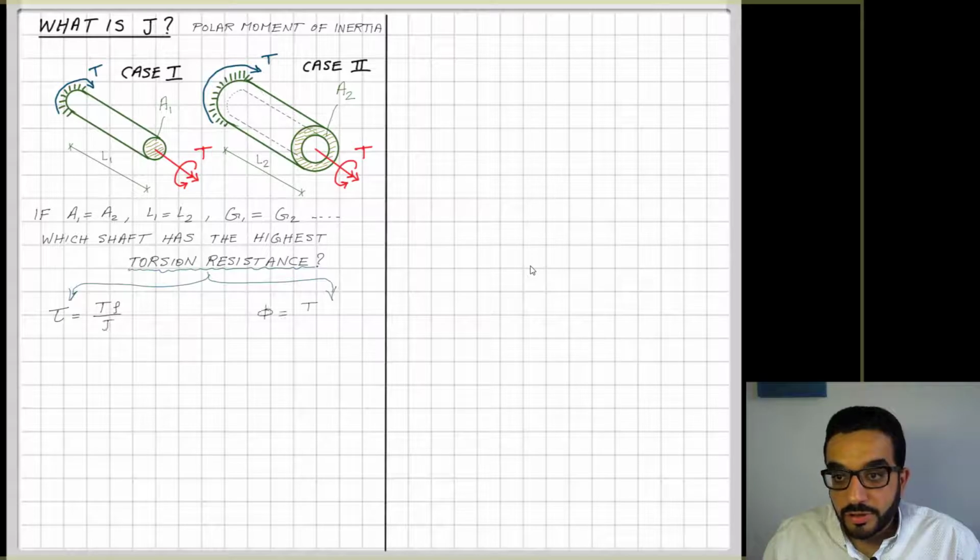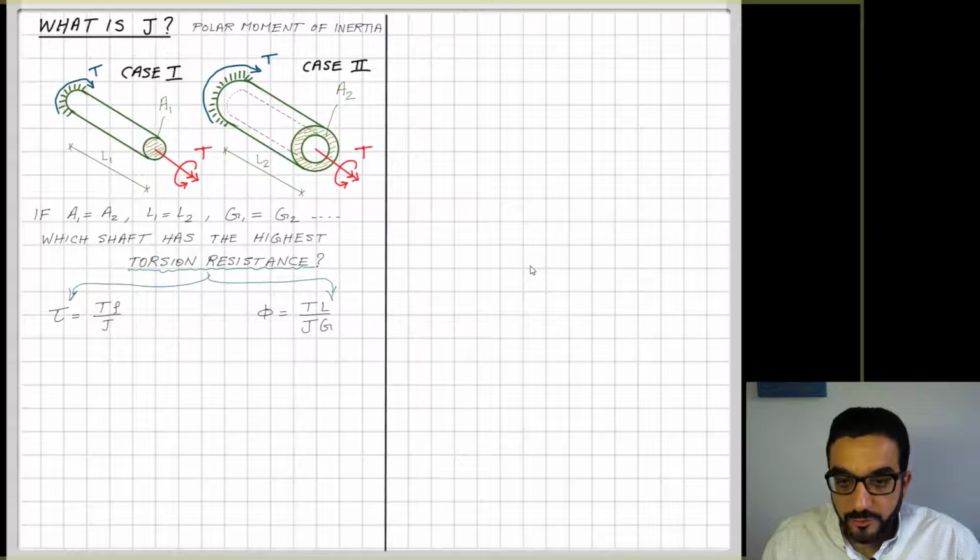It's resisting shear stresses from torsion, so tau is equal to T rho over J, and also resisting the tendency to twist because of that torque. So phi is equal to TL over JG.